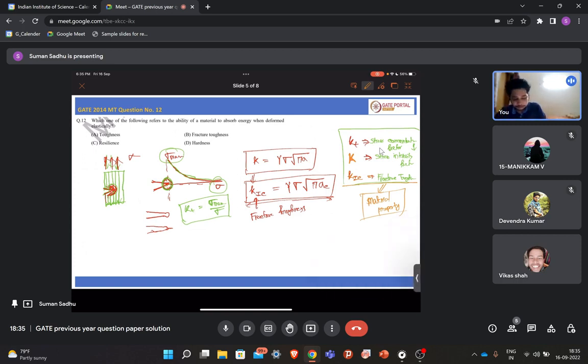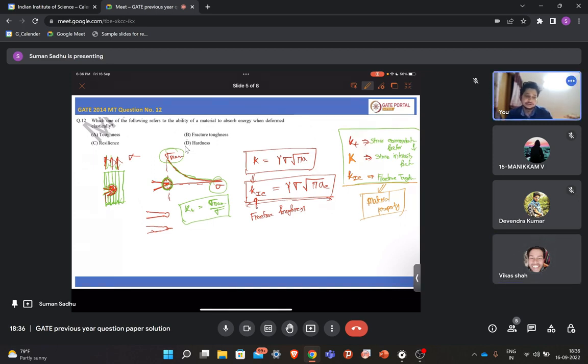So fracture toughness and toughness are different things, right? These are two totally different concepts. Now you understood this? Yeah. And then what is hardness? Hardness is the maximum energy absorbed before failing when we apply the stress.